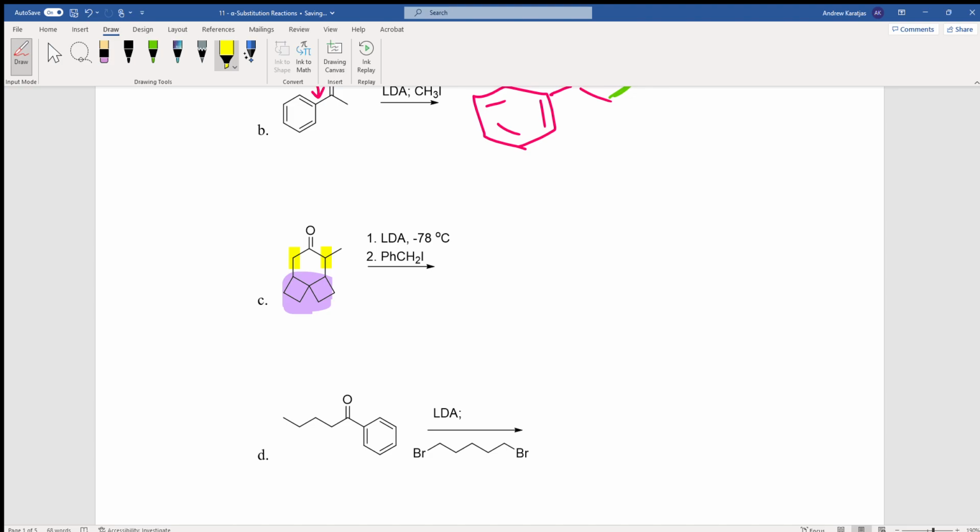Just like part A, we have an irreversible base and low temperature. That means we're going to favor the less substituted carbon for this substitution. Slightly different electrophile, but same reaction overall.